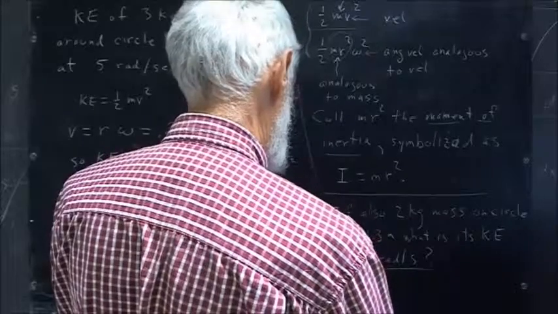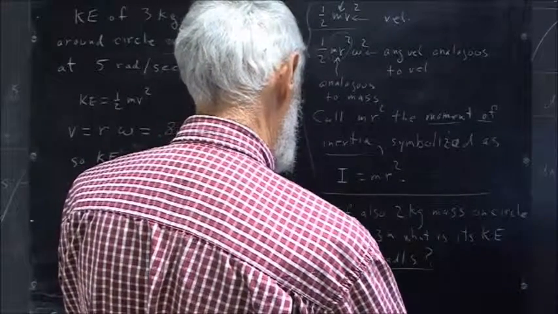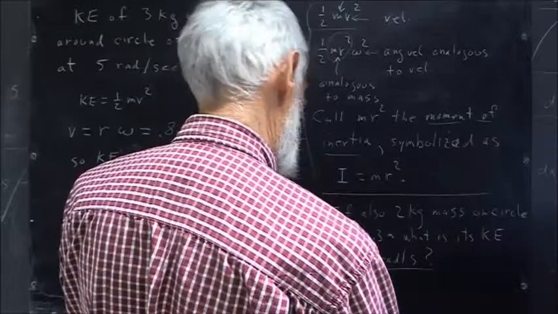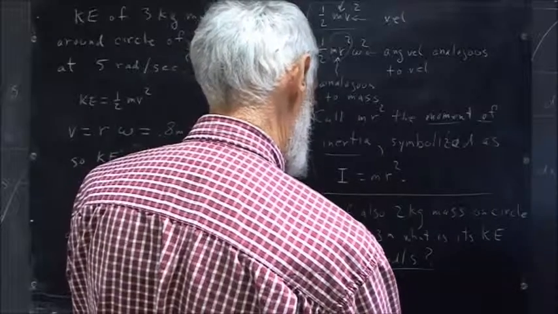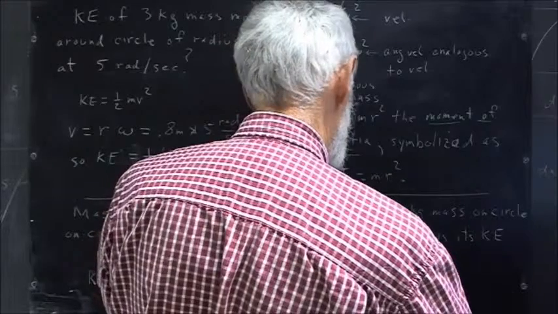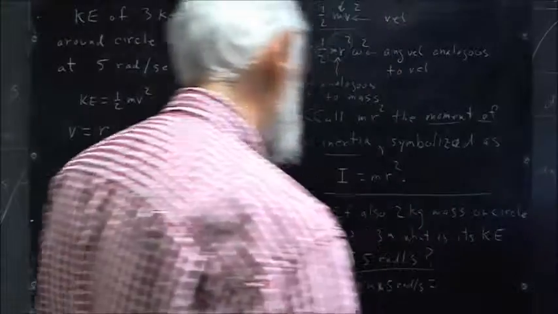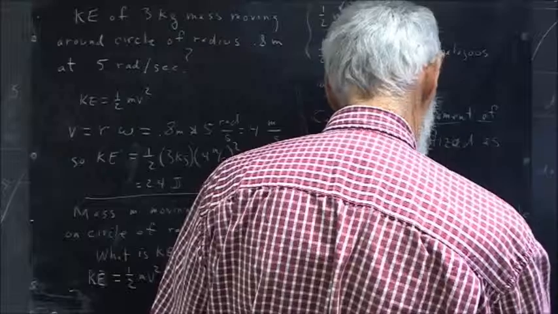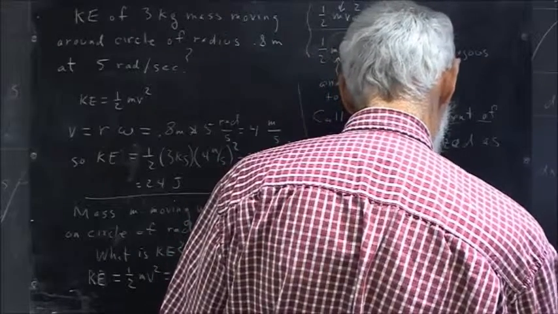The velocity is 1.3 meters times 5 radians per second, which equals 6.5 meters per second.